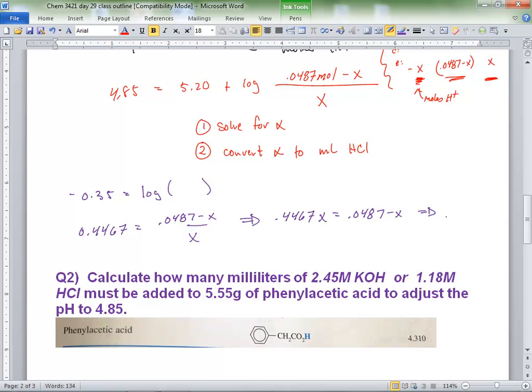Well, you have to raise both sides to the 10 power. Here you have to raise both sides to the 10 power. So the log, 10 to the log, cancels out, the inverse functions.